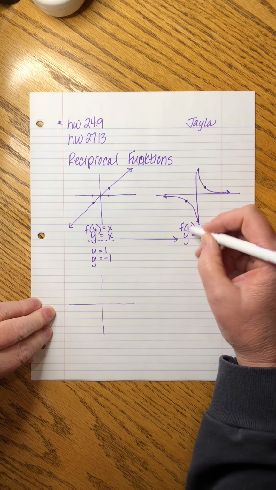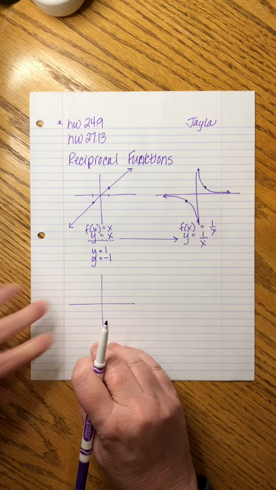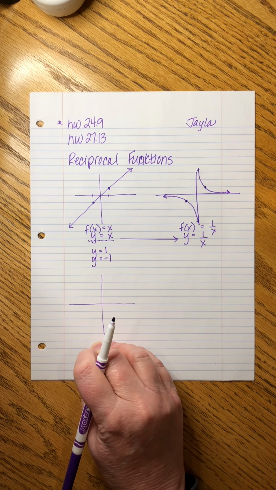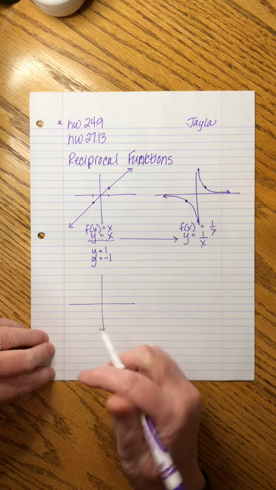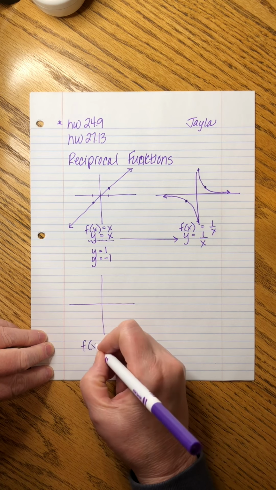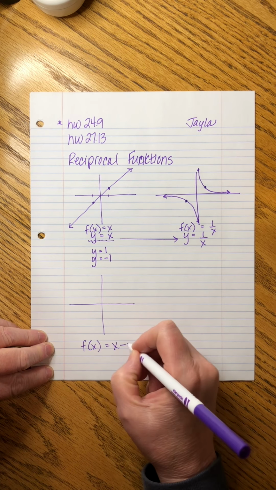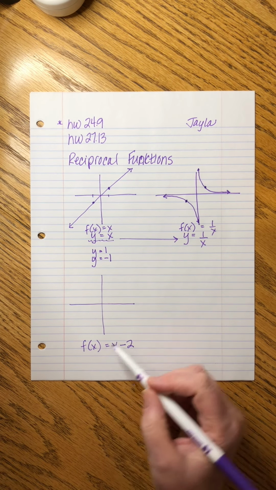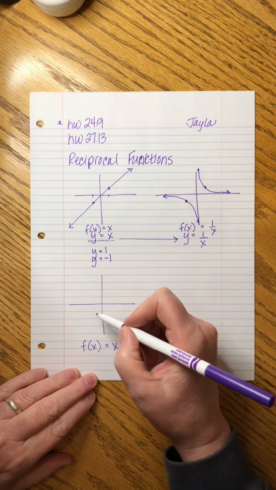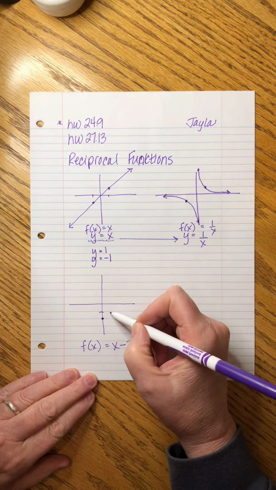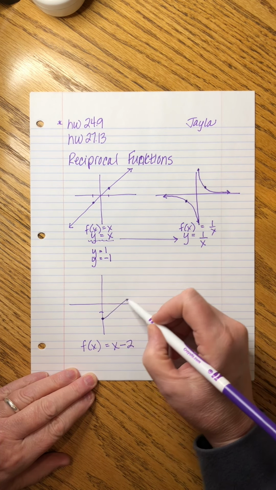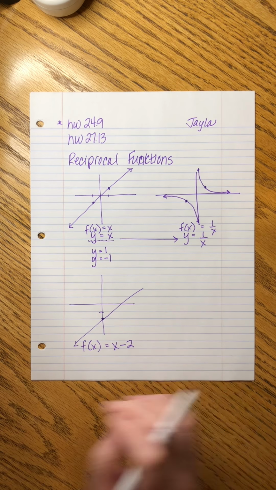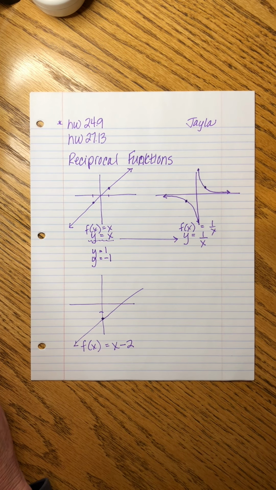You can change that, and either way is exactly the same. So don't let that confuse you. This one is f of x equals x minus 2. So John has graphed this for us, and as we can see, the slope is 1, the y-intercept is -2, so it's going to look like this, right? That's going to be the way that it pretty much looks.